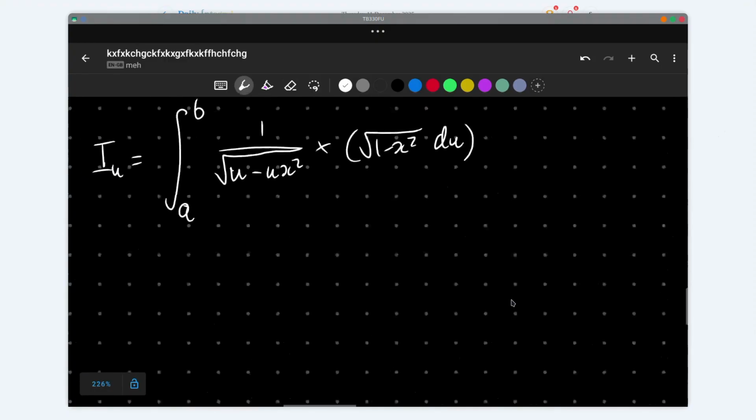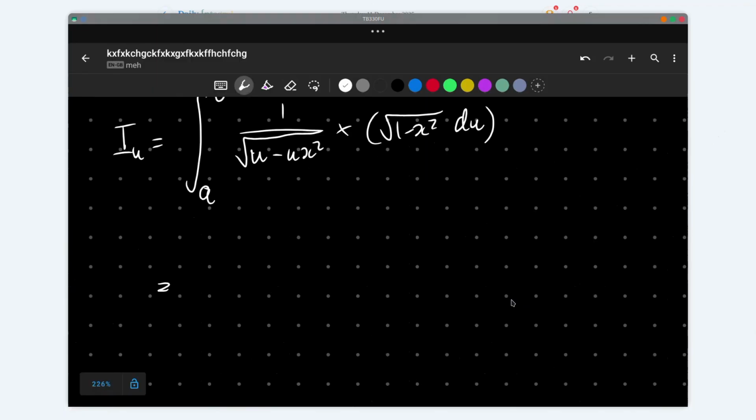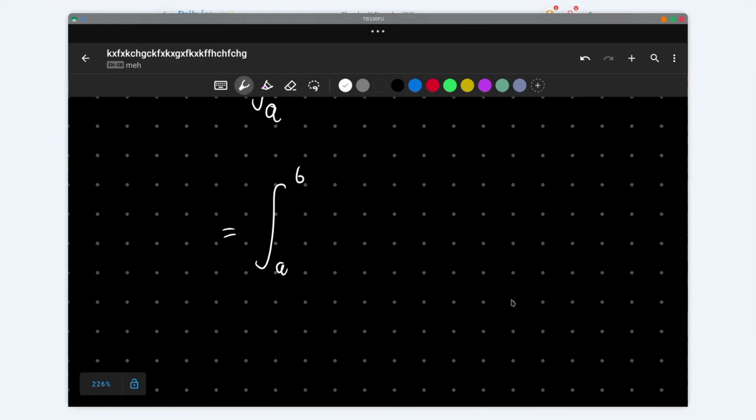That would cancel, remaining the 1 over root u. A to b. Yeah, 1 over root u. There we go. Which I choked on. So I'm just going to do this the slow way.